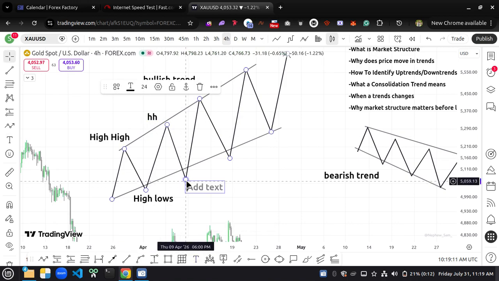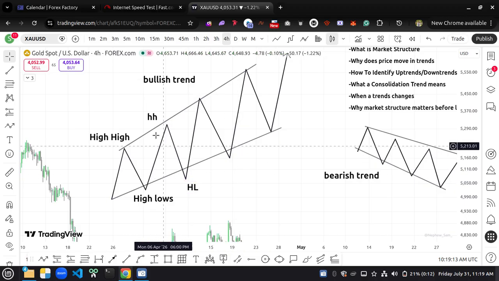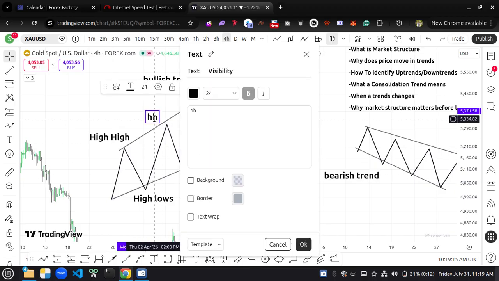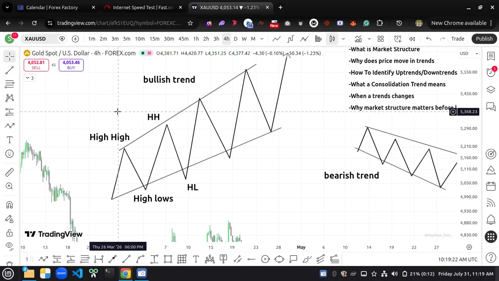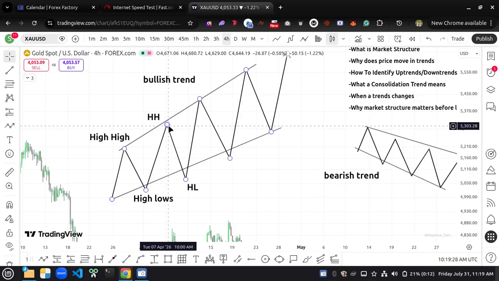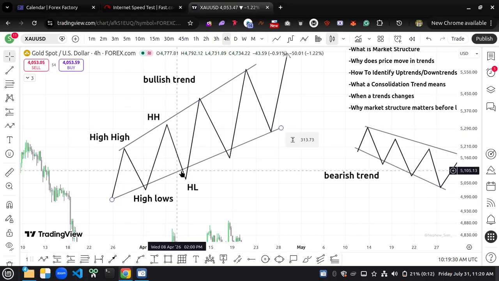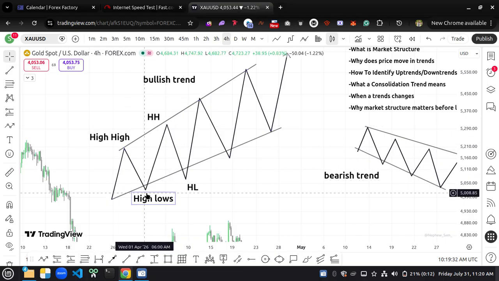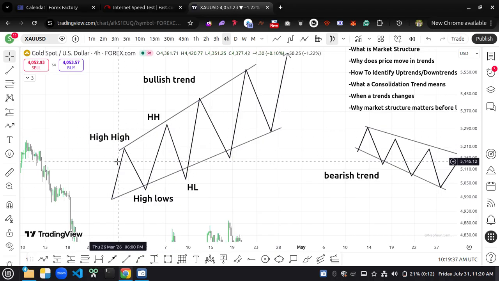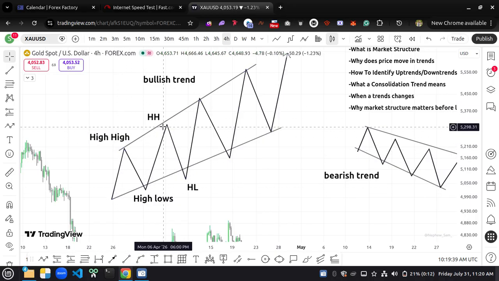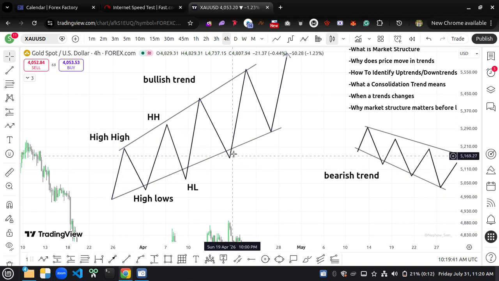These are the terminologies to know as a forex trader. When you hear traders saying higher highs and higher lows, they mean this high is a new high above the previous high, and this low is a new low that doesn't exceed the previous low. So a bullish trend creates new higher highs and higher lows.